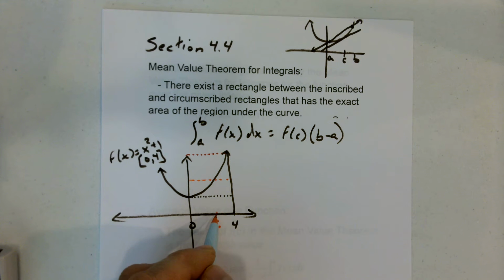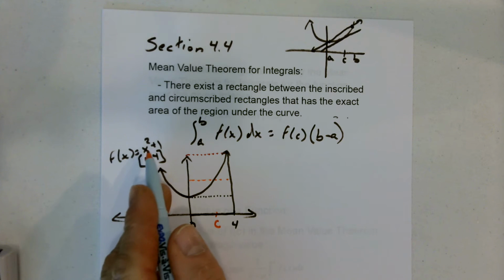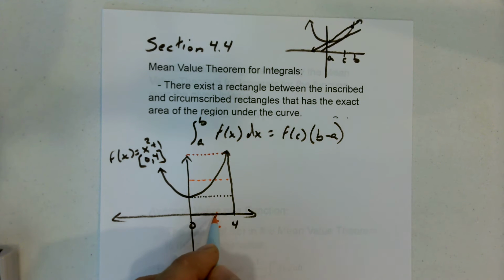So we know then that if I integrate this function, x squared plus 1, then there's some value c here. So if I create a rectangle between my lower and my upper bounds, this rectangle in here is going to be the same as the integration. Well, how do I find the area of this rectangle?